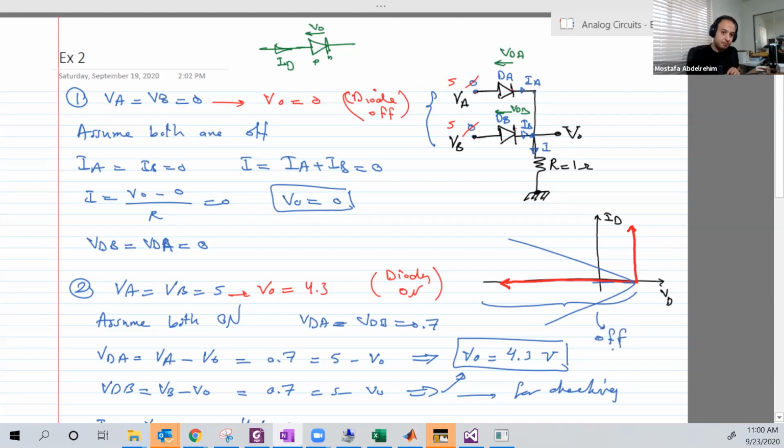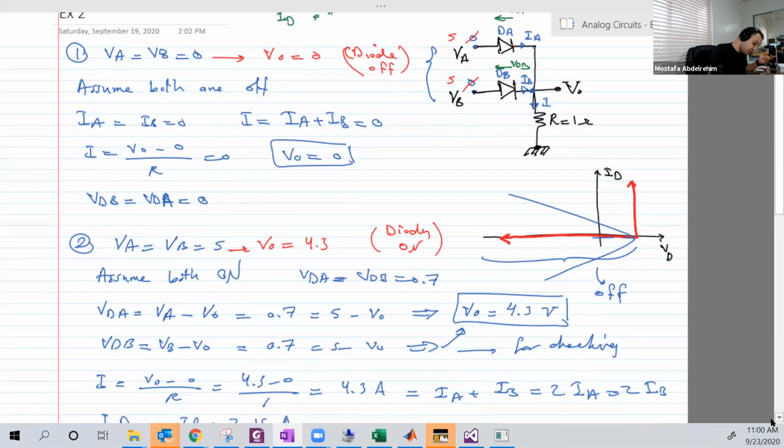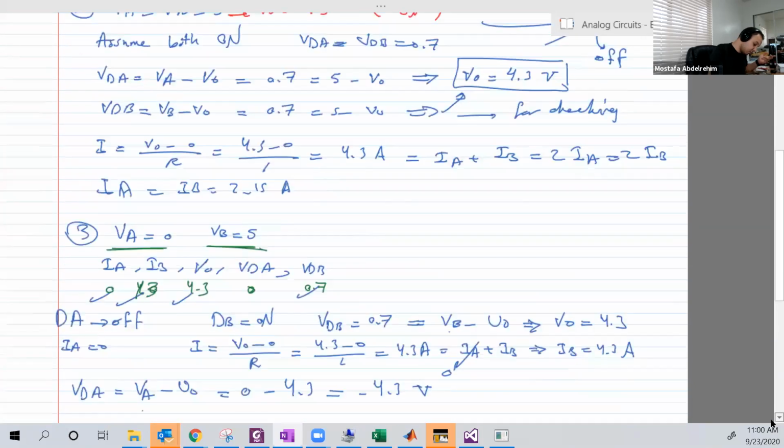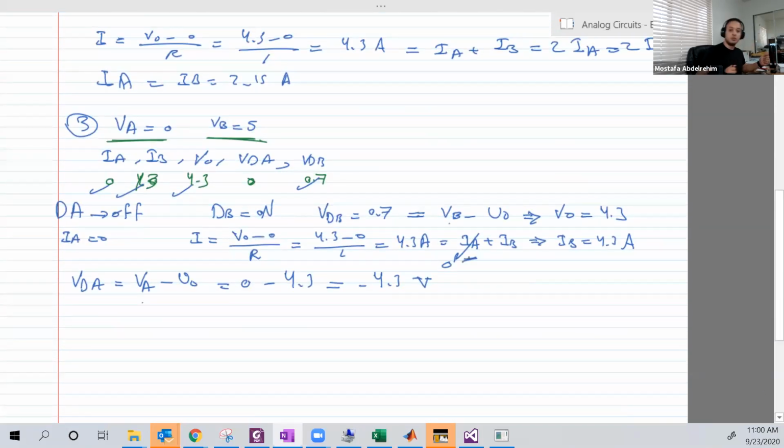But you know that the current is 0. So when you assume a diode is off, you certainly have a 0 current flowing through that diode. That's what we did. We assumed that IA is equal to 0. But you don't know the voltage.